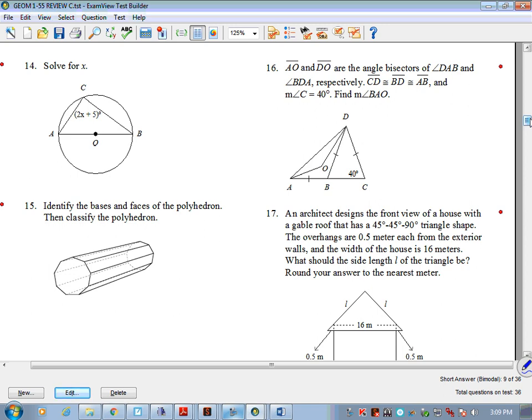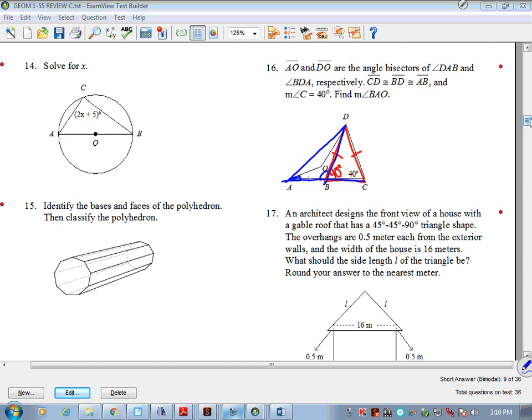So if I look at triangle BDC, this guy right here, if this is 40 right here, then this has to be 40 degrees right here because my base angles are congruent. Now, because I'm trying to find this little angle right here, I'm going to work my way across to this triangle right here, triangle ABD.